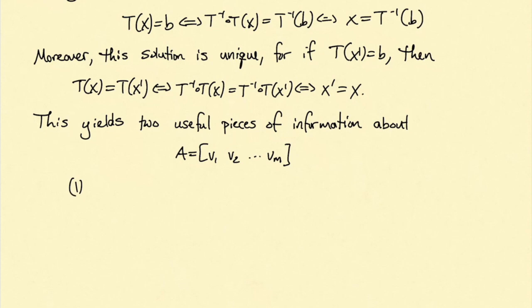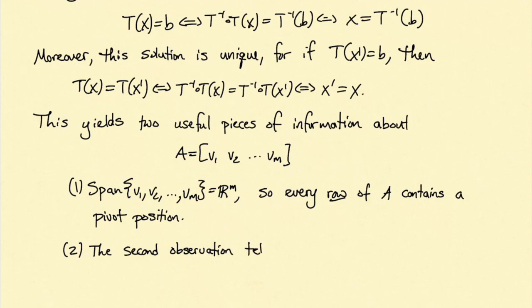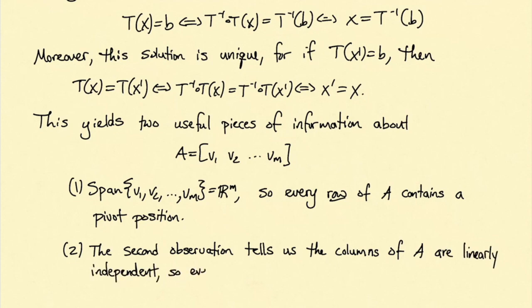The first observation is that the span of our vectors v1 through vm is all of R^m. This tells us that there is necessarily a pivot in every row of A. The second observation, that we can express every element in the image of T as a linear combination of the columns of A uniquely, tells us that the columns of A are linearly independent.